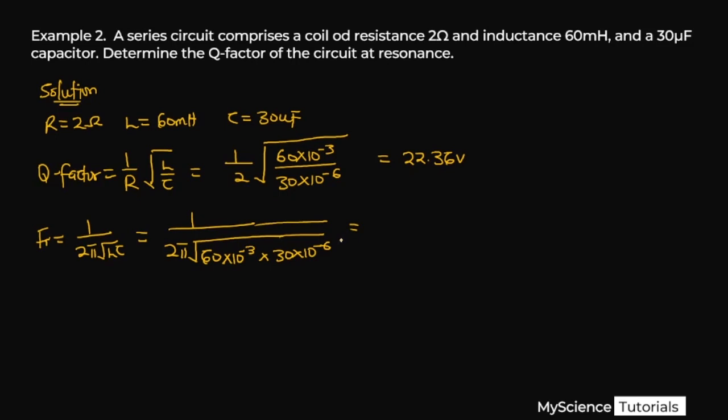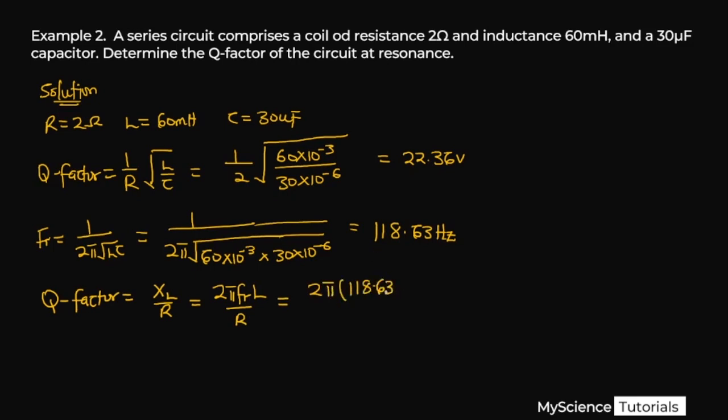Then if we compute everything there, it's going to give us a resonance frequency of 118.63 Hertz. Now using this resonance frequency, we can calculate our Q factor by saying our Q factor is equal to XL over R. And we know that XL is 2 pi times the resonance frequency times L, over R. So this is equal to 2 pi multiplied by the resonance frequency 118.63 multiplied by our L, which is 60 times 10 raised to the power minus 3, all divided by the resistance, which is 2.